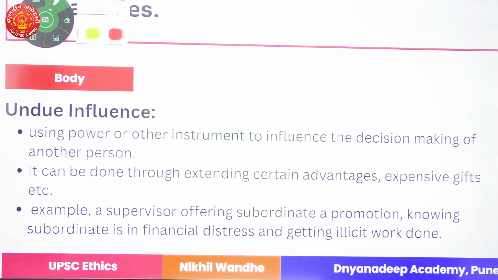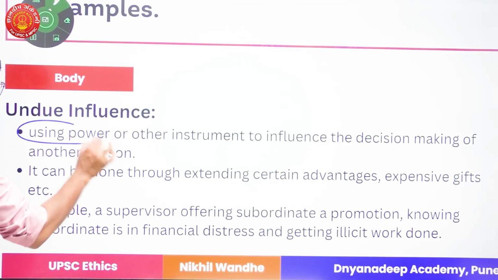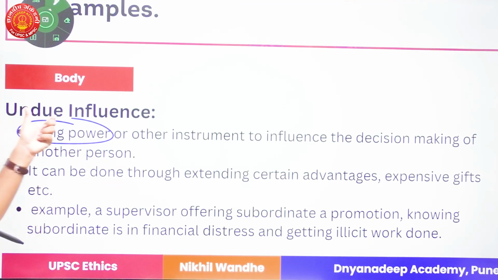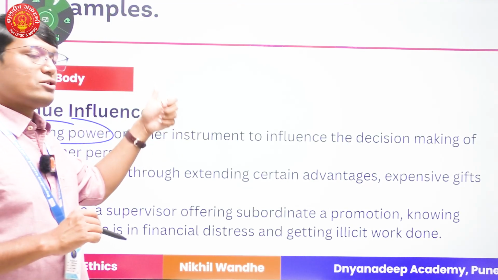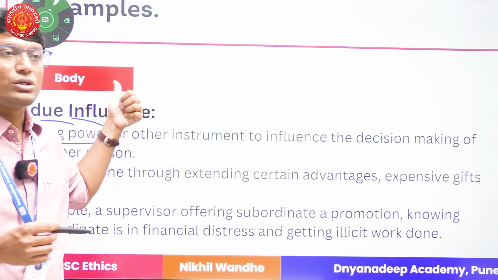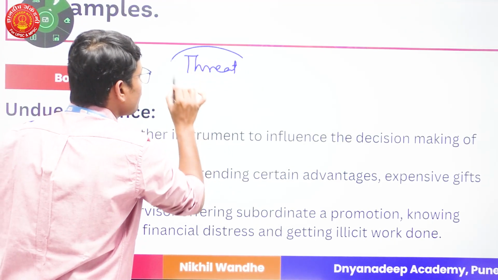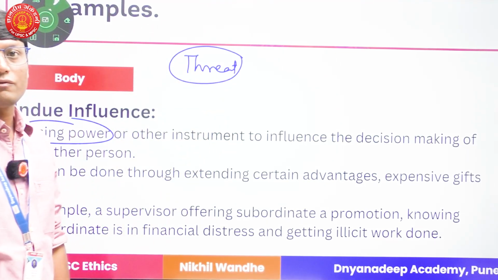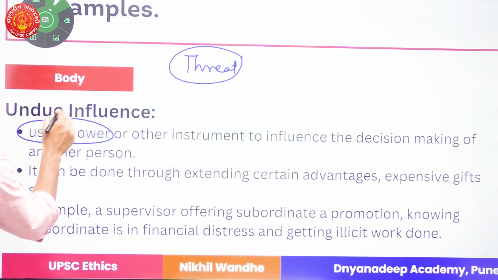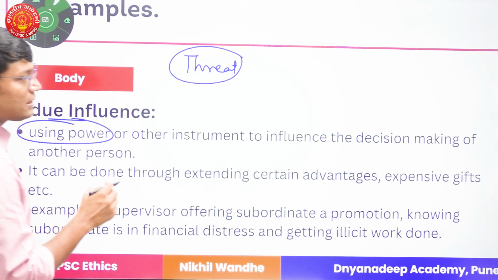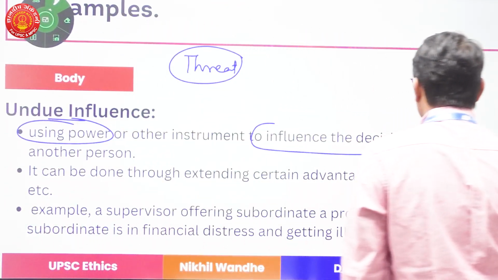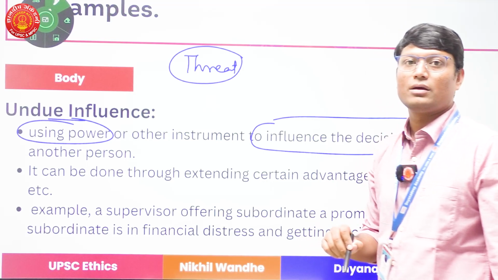So let's talk about undue influence. So in undue influence, what do we do? We are using power. See, what was the case of coercion? In coercion, we threatened. It was more about a threat. Fine. When it comes to undue influence, it is an influence on decision making, right?